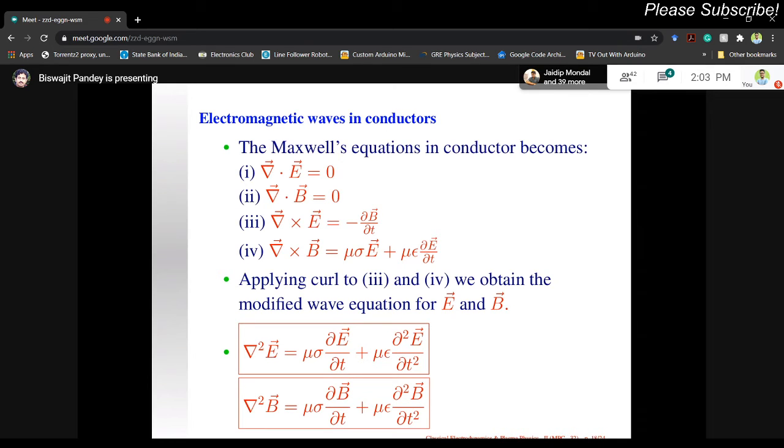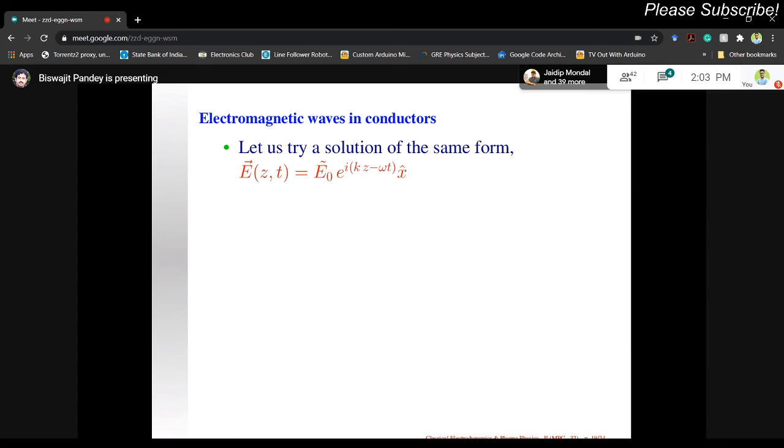So here, let us try a trial solution, the same kind of solution that we have dealt with in the case of a vacuum or linear medium. Here I have written E(z,t) just to indicate that the electromagnetic wave is propagating along the z direction and the electric field is polarized along the x direction, right?